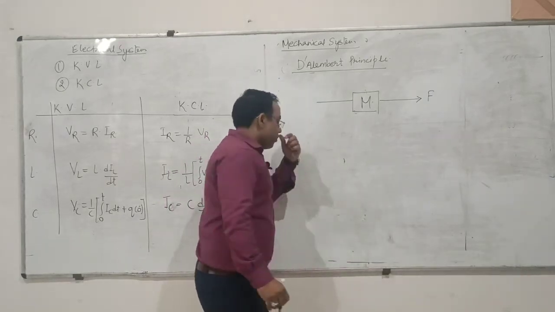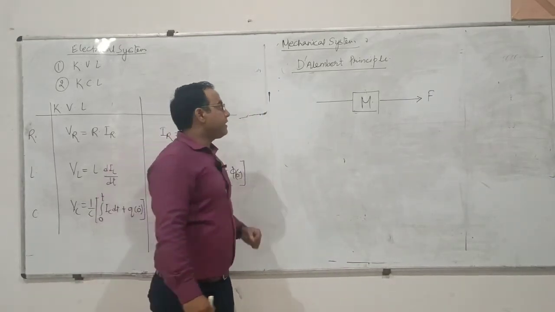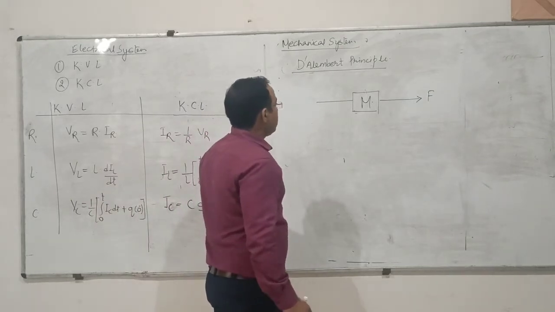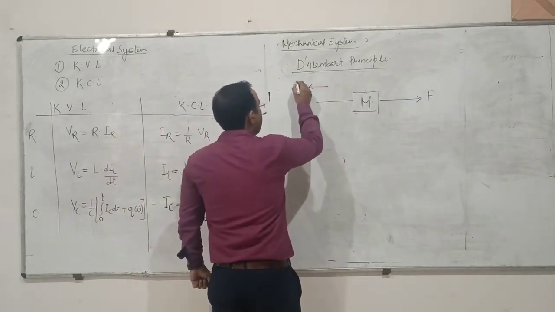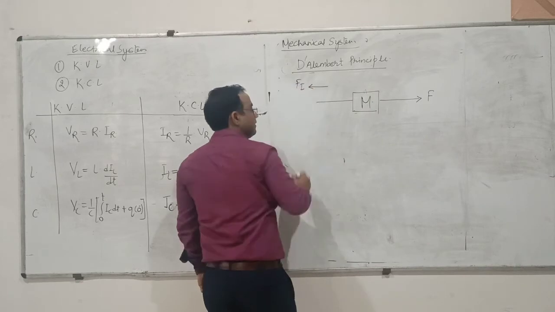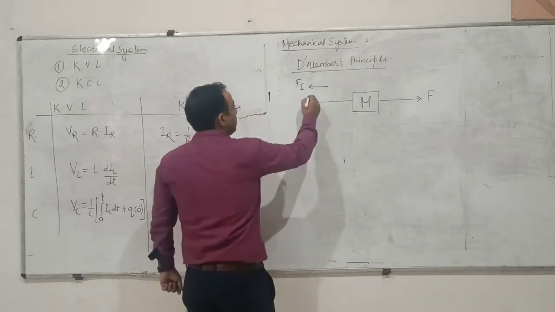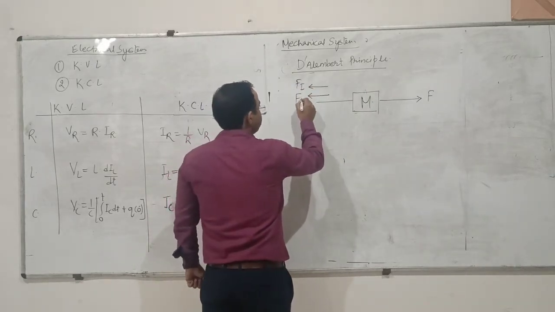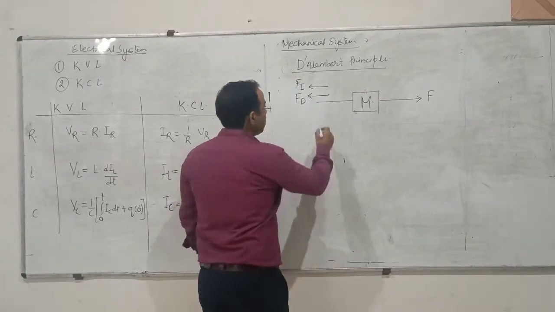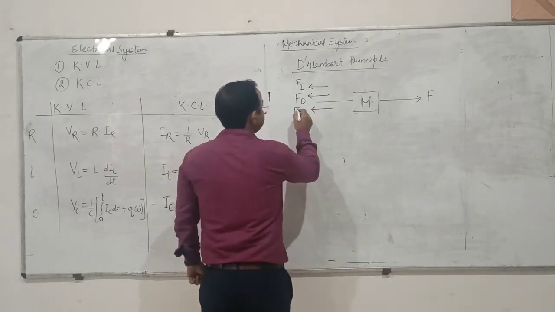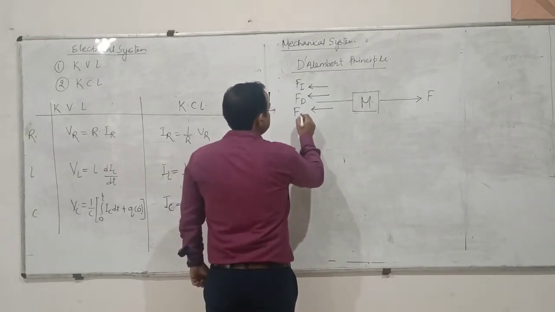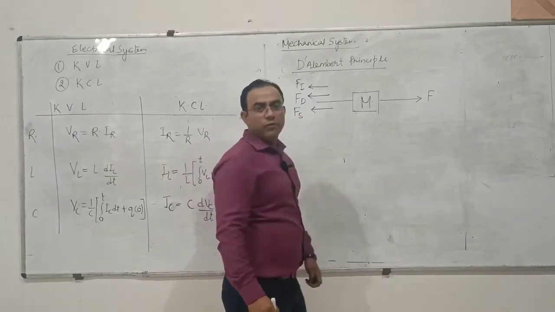In the case of resisting forces, we can use the terms Fi, that is inertia force, Fd, that is damping force, as well as Fs, that is spring force.